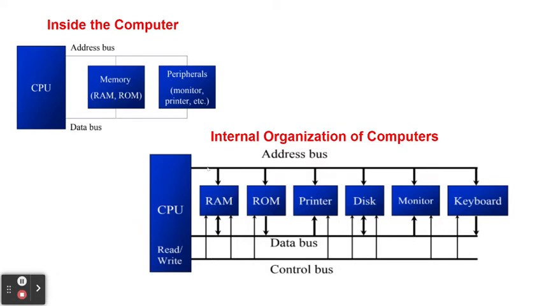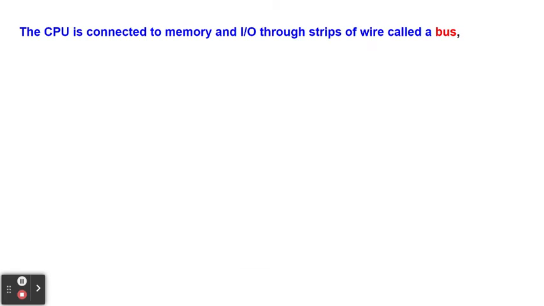Now, you will also see that this is the address bus and this is the control bus. So the read and write signals will be through the control bus. The address bus contains the addresses of all of these devices. Now the CPU is connected to memory and input-output with the use of wires or strips of wires, which we call a bus.